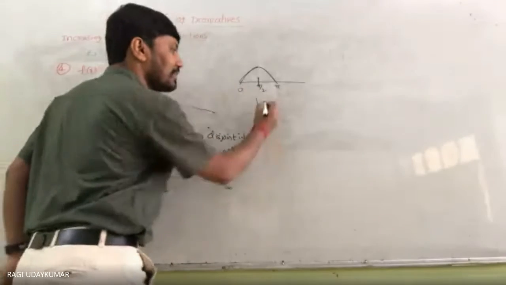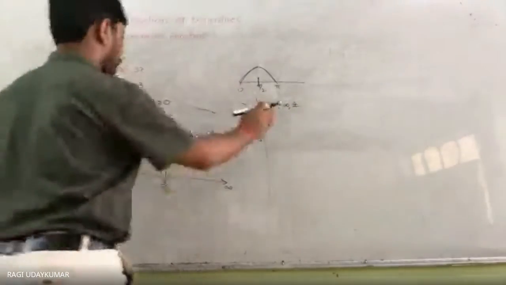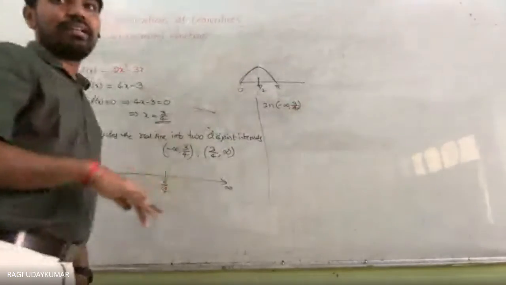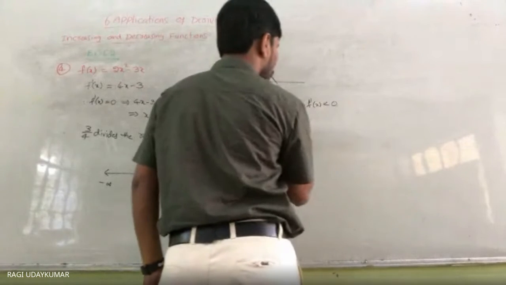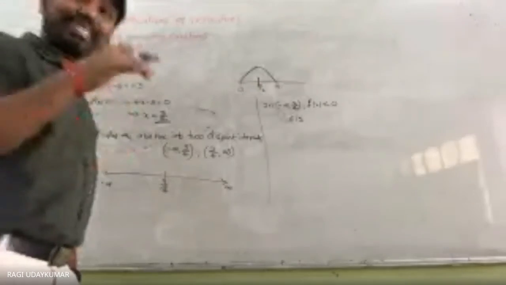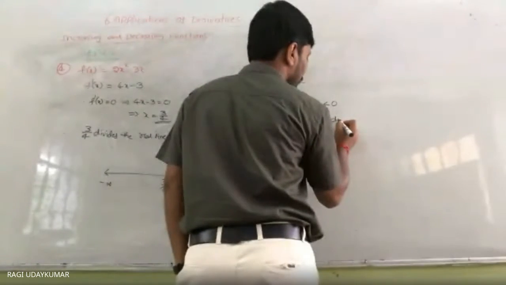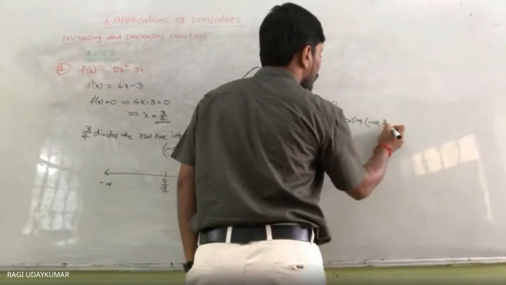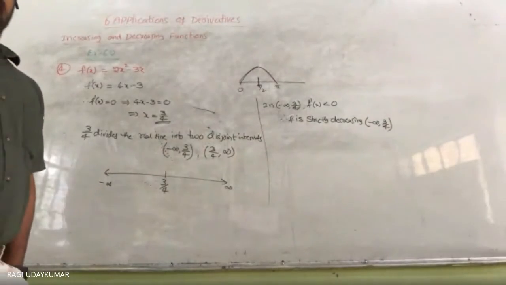So in minus infinity to 3 by 4, f dash of x is less than 0, therefore f is strictly decreasing in minus infinity to 3 by 4.